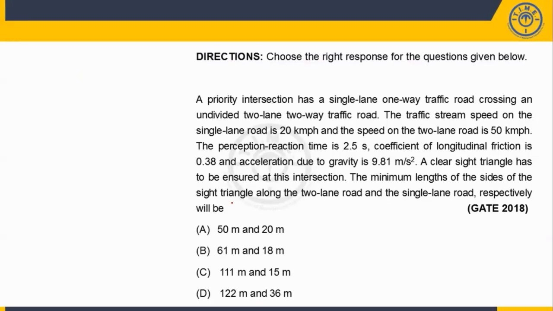See, this is a bit critical. That is somewhat different kind of question. Traffic crossing an undivided two-lane, crossing priority intersection has a single lane, one way.